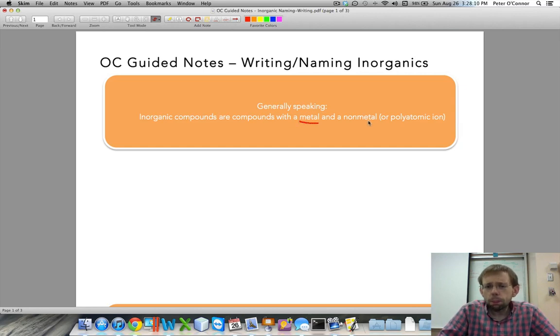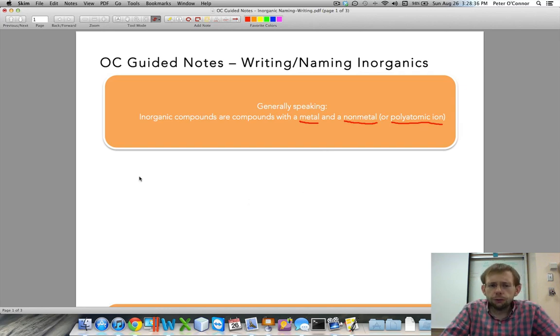Okay, and that metal's bonded with some anion that is a nonmetal. It could be a polyatomic ion for an anion. By the way, there are a few positive polyatomic ions, cations, like ammonium. But pretty much, if you see a polyatomic ion like nitrate, phosphate, carbonate, the ones that you see on that list that I've given you, then you know you have an inorganic compound most likely.